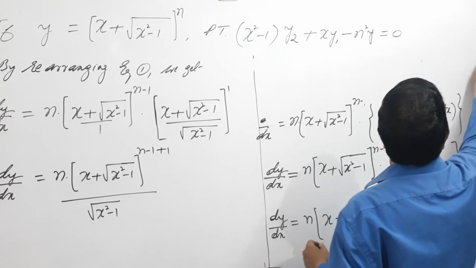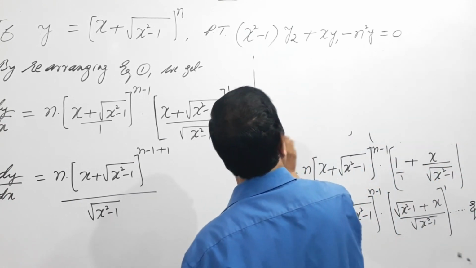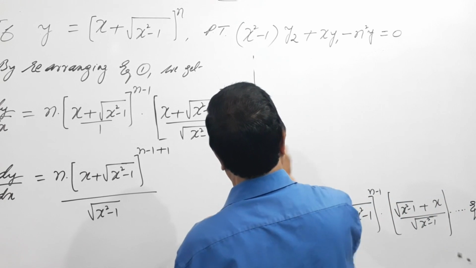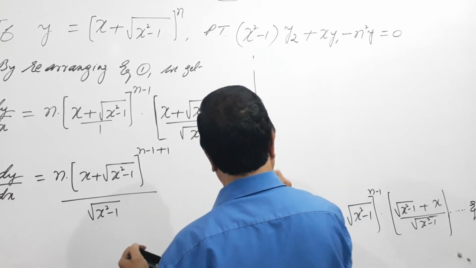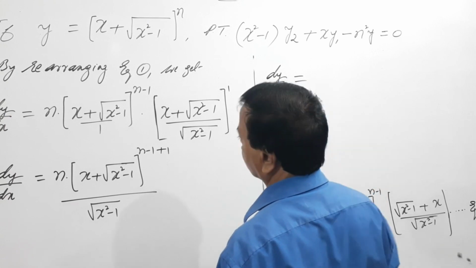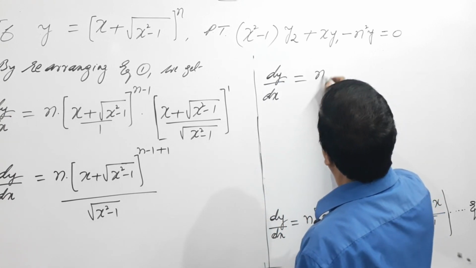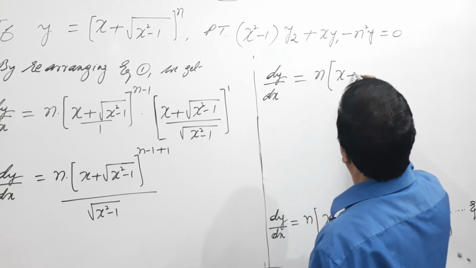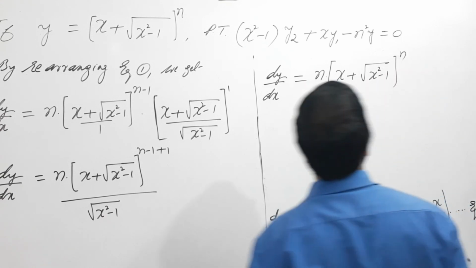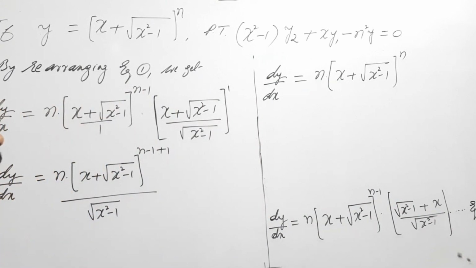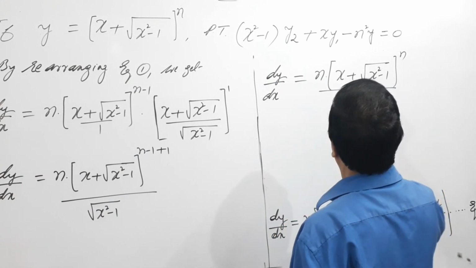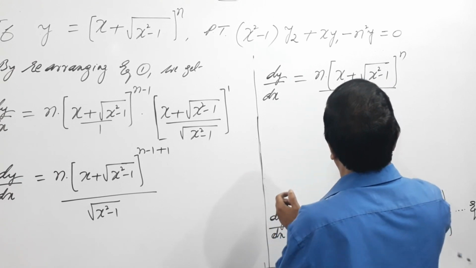I'll rub this. So dy by dx equals what? n into (x plus under the root x square minus 1) whole to the power of n divided by under the root x square minus 1.